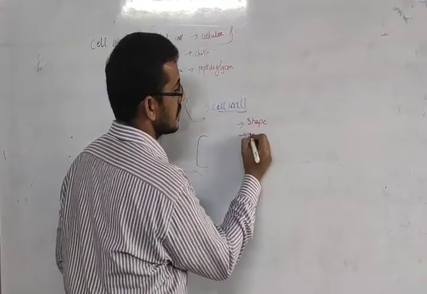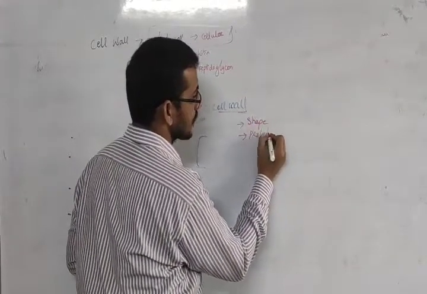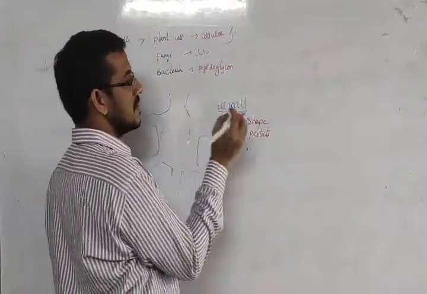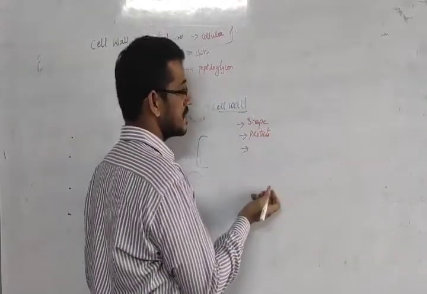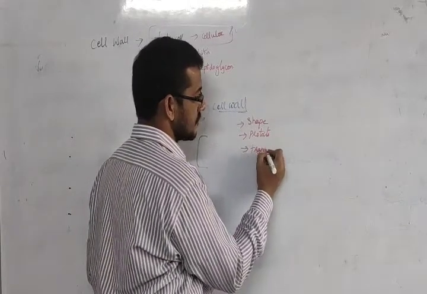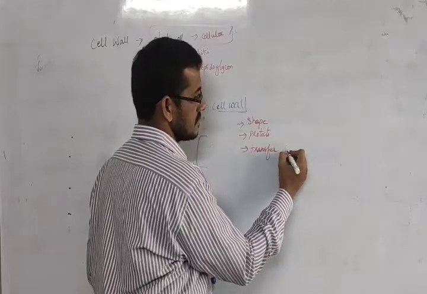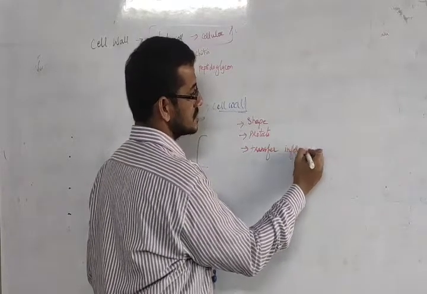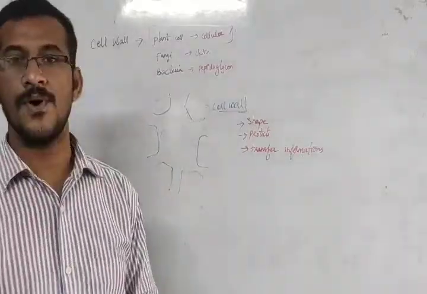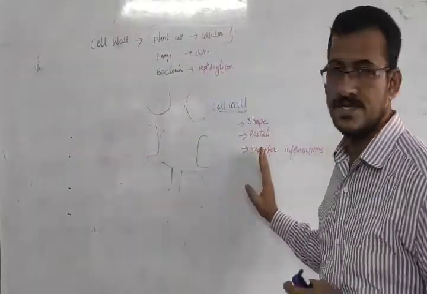Next function, it protects all the inside parts of the cell from the external environment. Then third, it transfers information from one cell to another cell. So these are the functions of the cell wall. This is very important, and it can be asked in the examination.